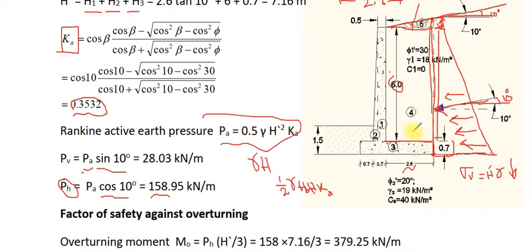We have to compute these 5 areas and multiply each area by the gamma of the concrete or the gamma of the soil.